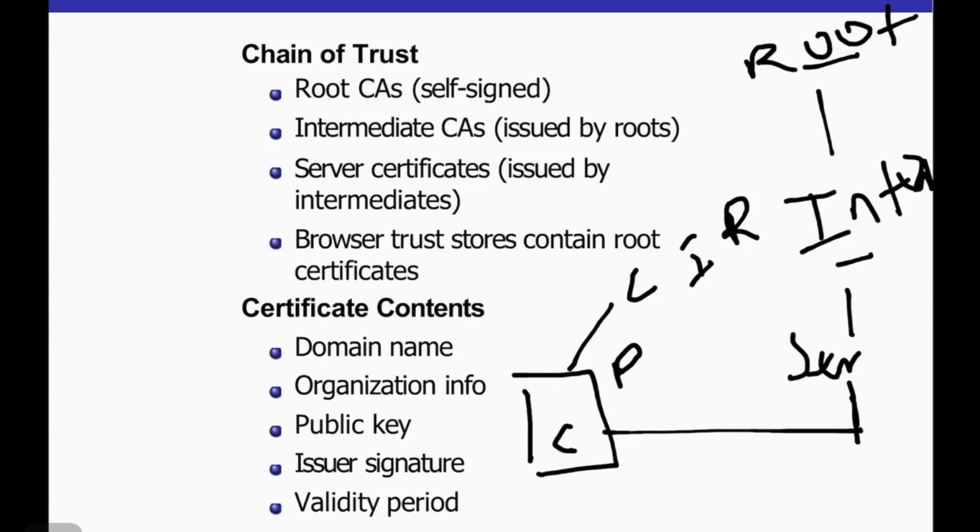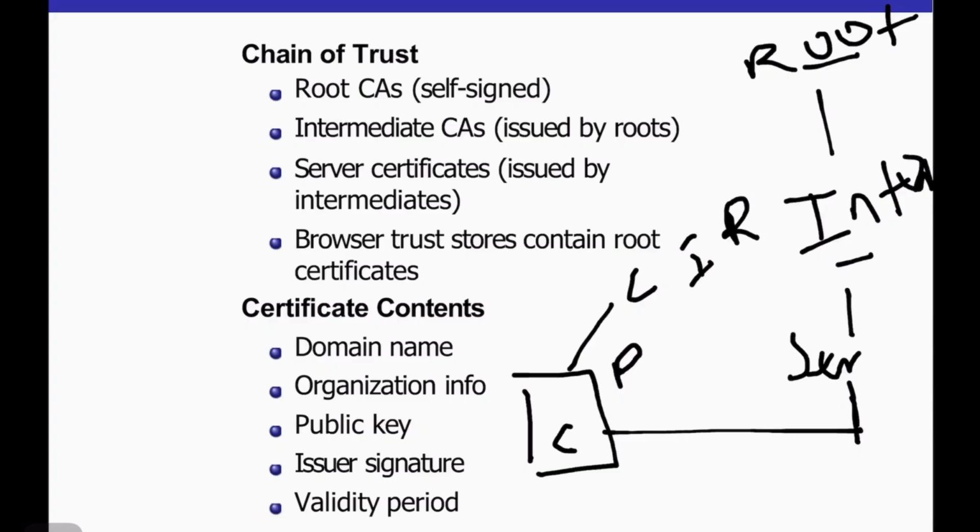So this is what the certificate contains. It contains the domain name, the organizational information, the public key, the issuer signature, and the validity period. The certificate that we issue to the server is for a period of time, so that it will be more secure.